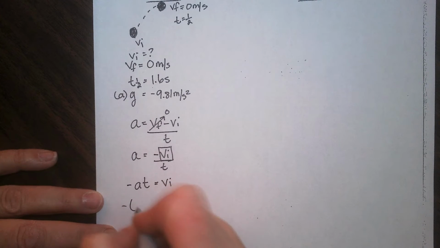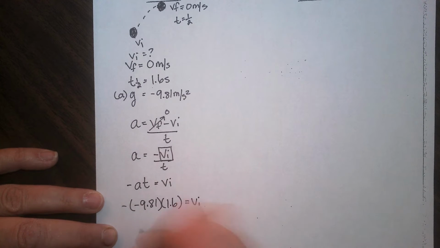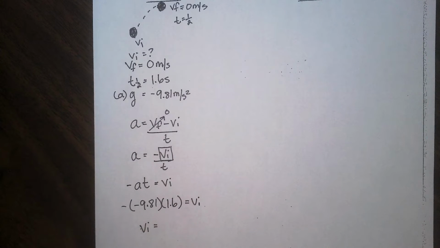So then we're just going to go negative times negative 9.81 times 1.6 is equal to VI. CJ, you're going to calculate, and Daniel's going to fact check. You have no calculator.